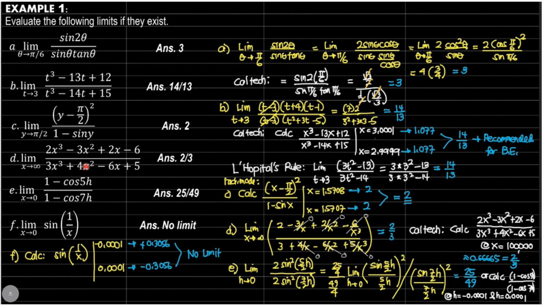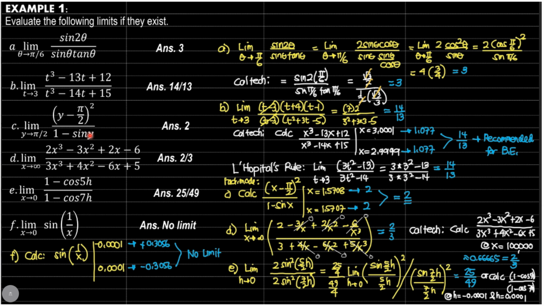Then we proceed to letter C. Because this is intended for those who want to take the board exam, when y approaches pi over 2, this approaches 1.